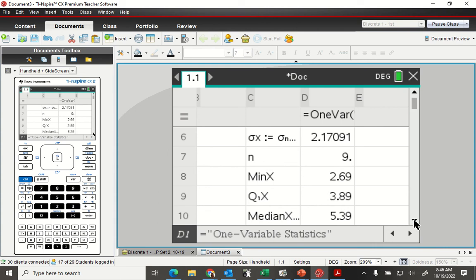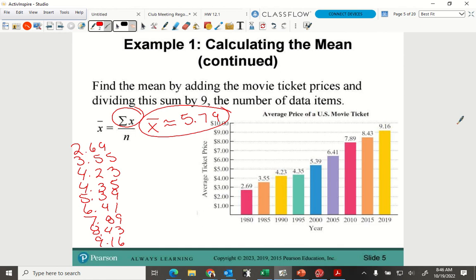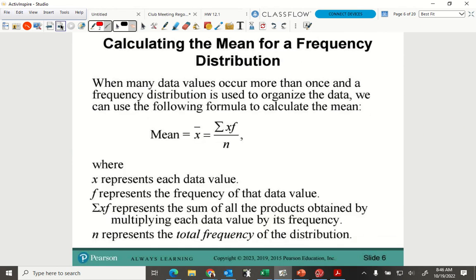Ever heard the word median before? Yeah, that's actually one of the things we're going to be finding later on. What do you think max is? Largest number, right? Dang, it's like my calculator does all the math for me. I just need to learn how to plug it in. Right? Yes. That's why it's muy bueno. Alright, so where are we at here?